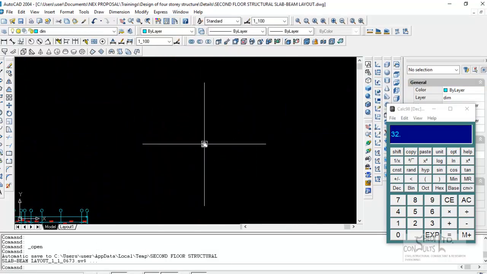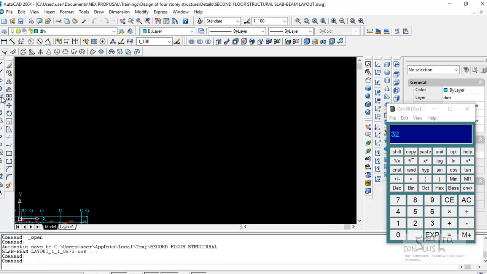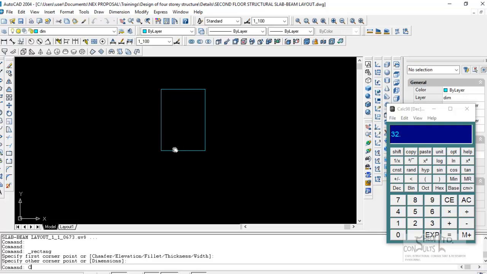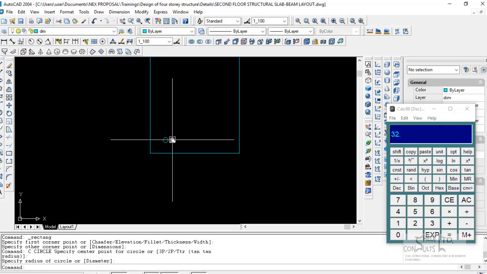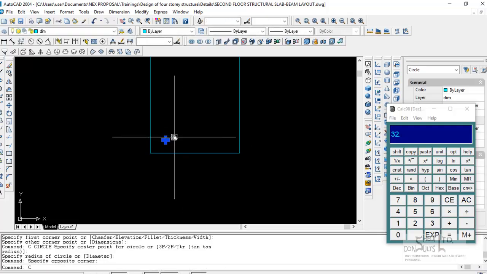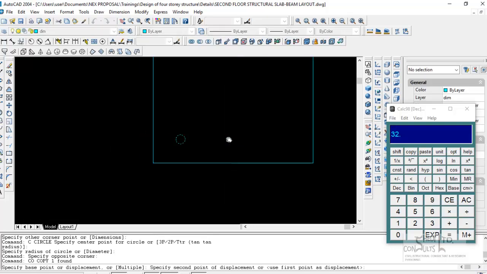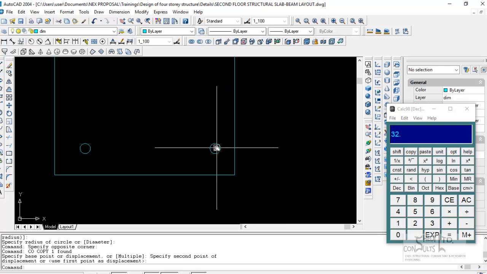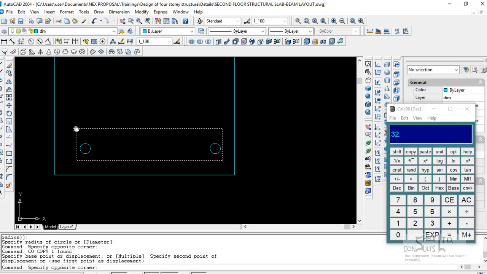So what STAAD is saying is, if this distance from here to here is 43, now STAAD is positioning the next bar that you require.